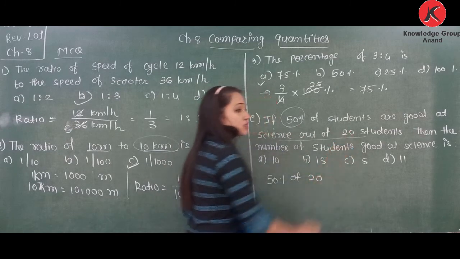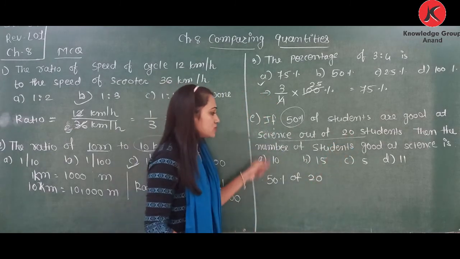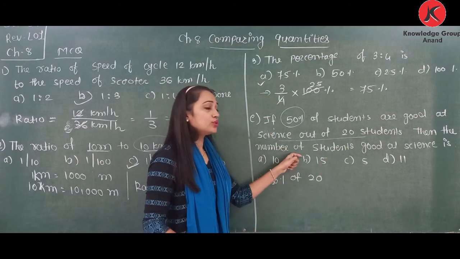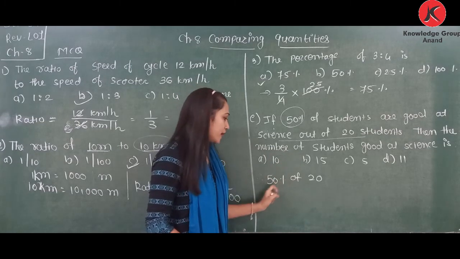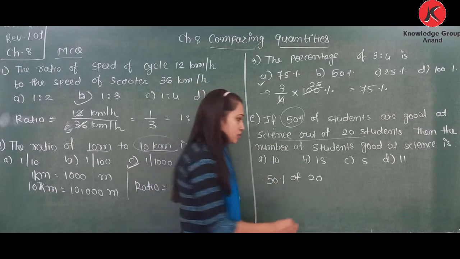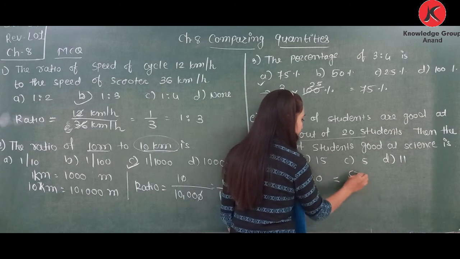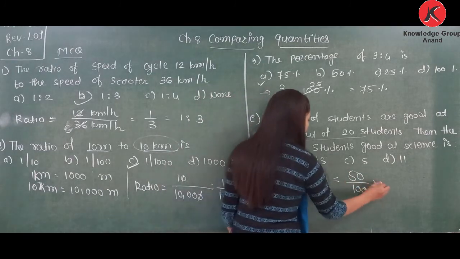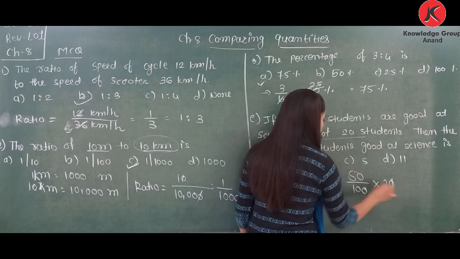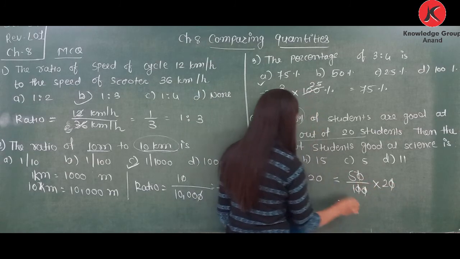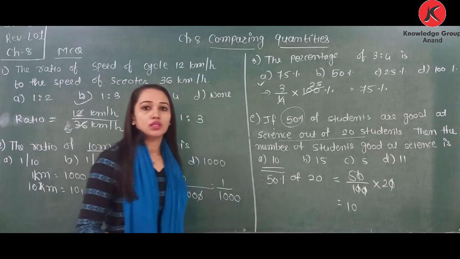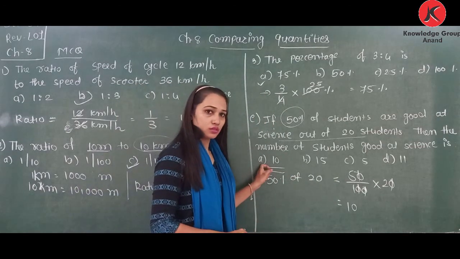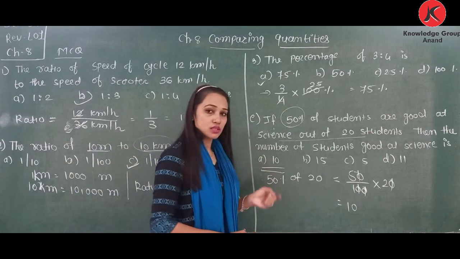So we need to find 50% of 20. 50% means 50 by 100, multiplied by 20. The zero will be cancelled. So 50% of 20 will give 10. So the number of students good at science is 10.